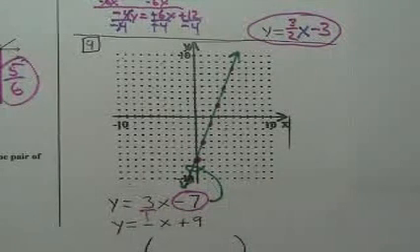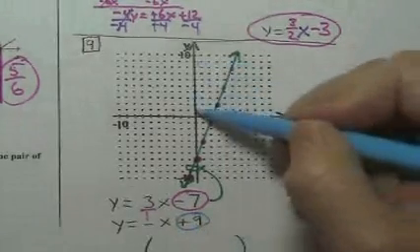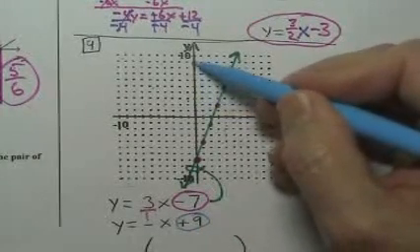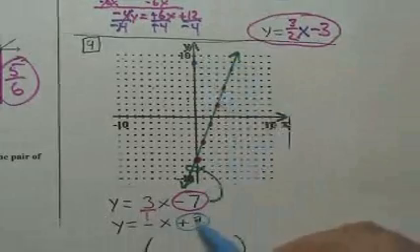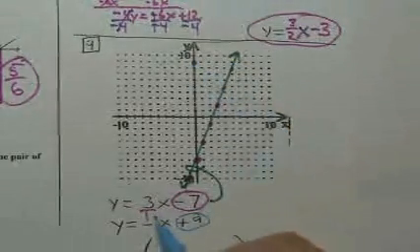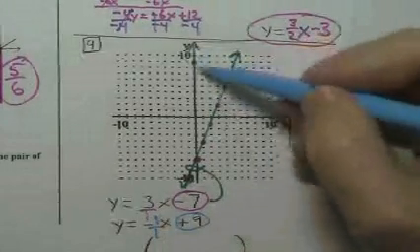So I'm going to start at 9, go up to 9, 1, 2, 3, 4, 5, 6, 7, 8, 9. That's a y-intercept. The slope is negative. That means it's going to go downhill 1/1. So I'm going to go this way 1/1.